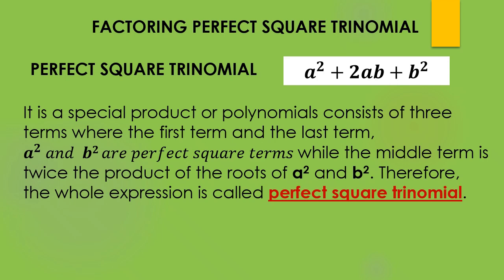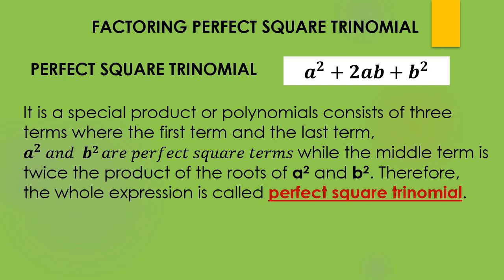So a perfect square trinomial is a polynomial where the first term and the last term must be perfect square terms. So how do we know that the first term and the last term are perfect square terms? As I said earlier, a perfect square term must be raised by an exponent of 2.